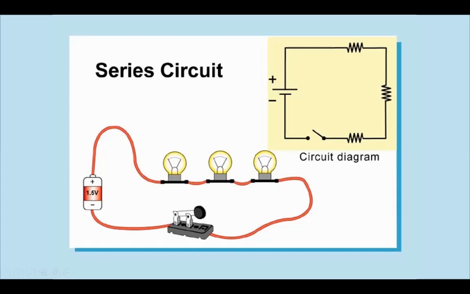Okay, so let's label these just to make sure we know. Let's start over here with our battery. This is our battery, and in the diagram, this is our battery right here. We have our light bulbs. We actually have three of them. And this is the symbol for a resistor, which the light bulb is a type of resistor.